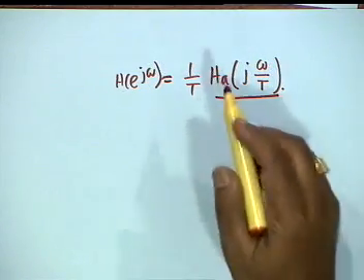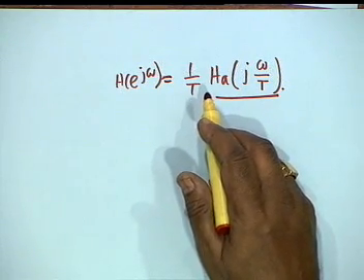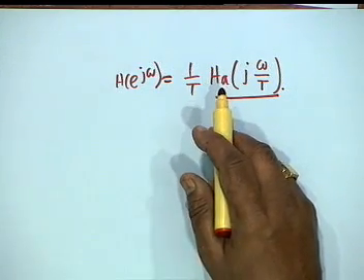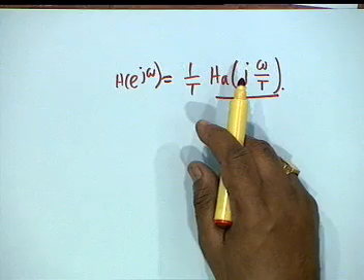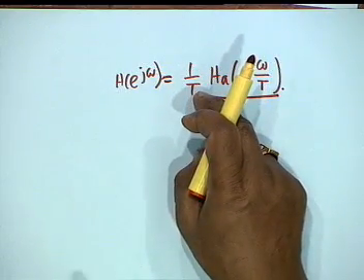You would like capital T to be as small as possible, that is sampling frequency as high as possible, to avoid all aliasing. Okay? But on the other hand, this raises a practical problem.